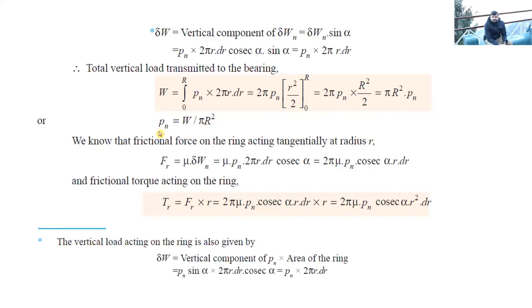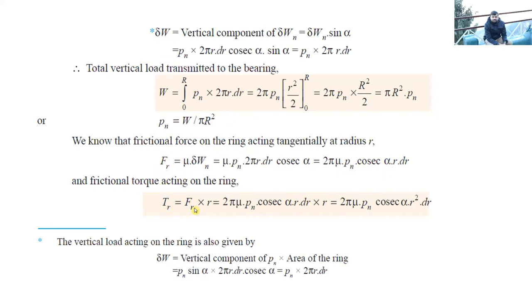Now we have the normal load. So now we can calculate the frictional force, which would be coefficient of friction multiplied by this del Wn. So it comes out to be 2 pi mu Pn cosec alpha into r into dr. And once we have frictional force, we can easily determine the frictional torque.